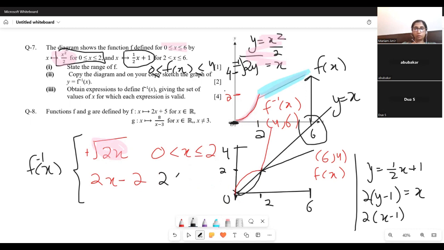So 2 till 4, with equals to for 4. I copied this inequality pattern from here. This should have an equals to sign there. And here too, the first one does not have an equals to, but the second one does. So you have to be very, very careful while writing the inequality sign. Let me check the answer as well. 0 to 2 and then 2 to 4. Yes. Okay.